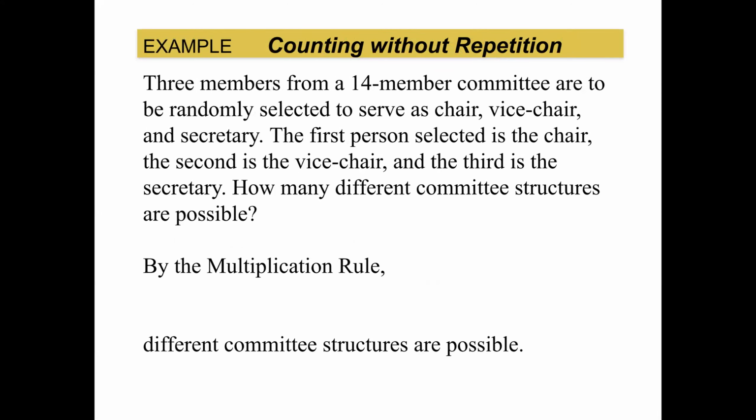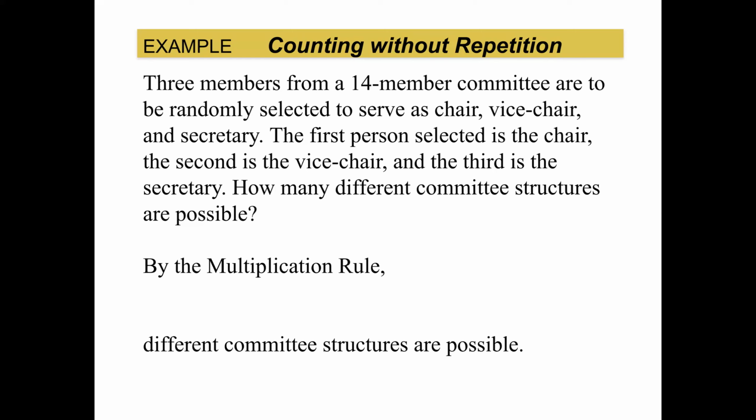But now let's move on to how we count without repetition. This is the case different than the previous cases where you have a pool to choose from. In this case, the example here is a 14-member committee of people, and you need to choose a chair, a vice chair, and a secretary.